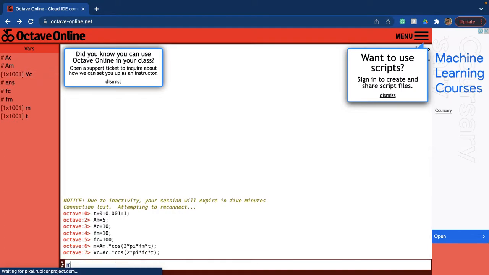The Hilbert transform of the message signal is given as mh. It's the imaginary part of the Hilbert function of m.